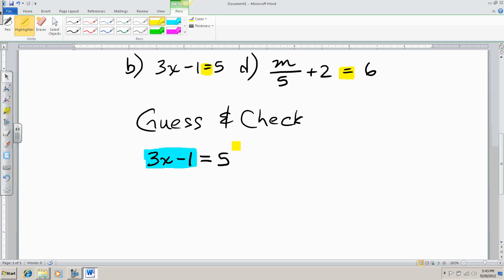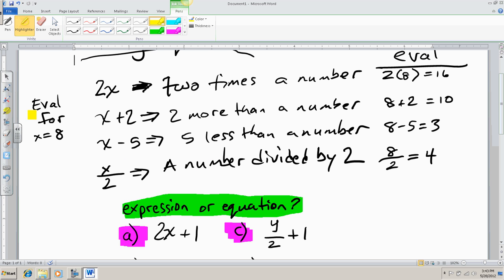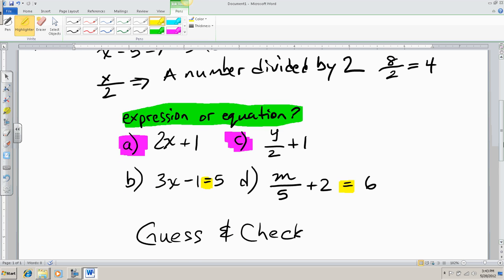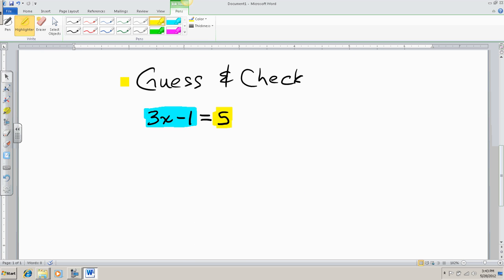The right side does not. This is a constant. So what we're going to do is evaluate the left side, like we did before, for x equal to a certain number. We're going to evaluate the left side and see if it equals the right side.